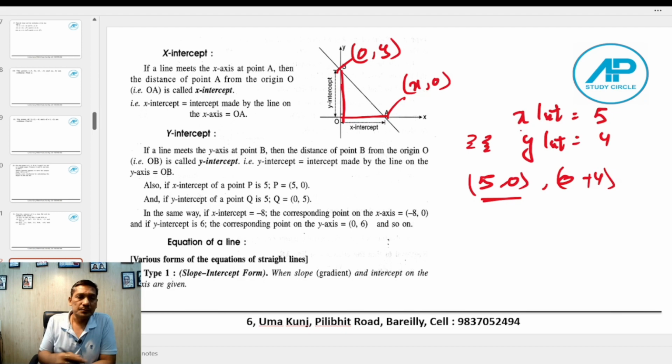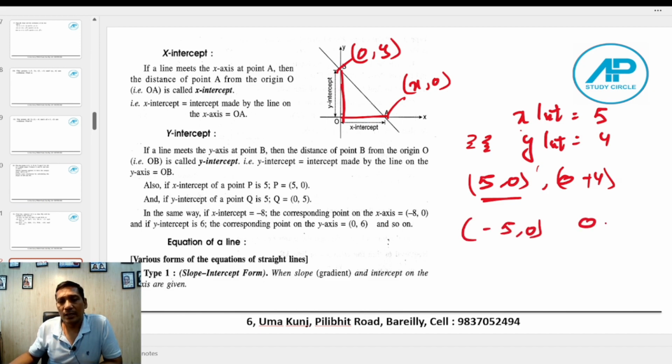Let us talk about the slopes, the intercepts of the line. Sorry. So we know by now that intercepts can be negative and positive both. We can have a negative intercept. We can have passing points 5,0 and 0,-4 as well.